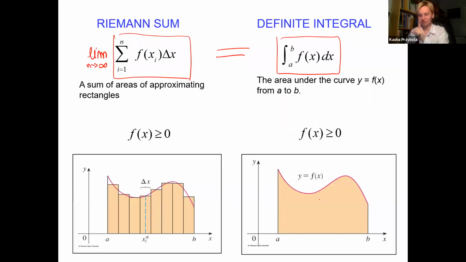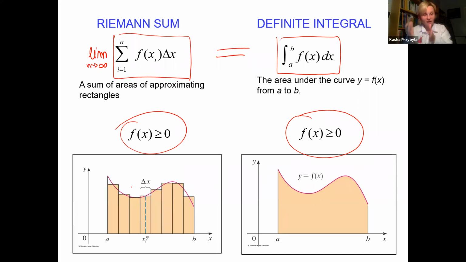Okay, let's come back. Of course, I'm using the words limit of the Riemann sum, and everything I'm showing you is based on a function which is positive, placed above the x-axis.